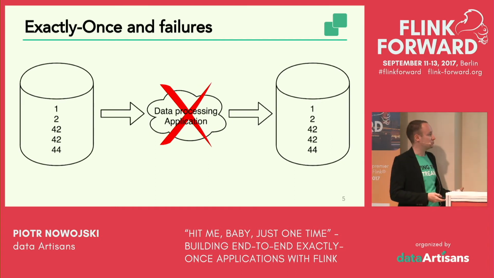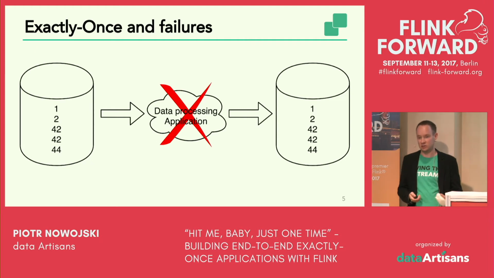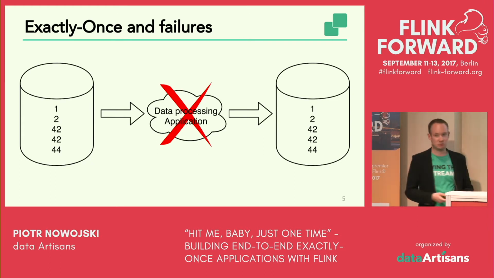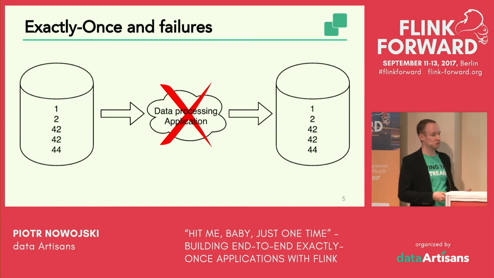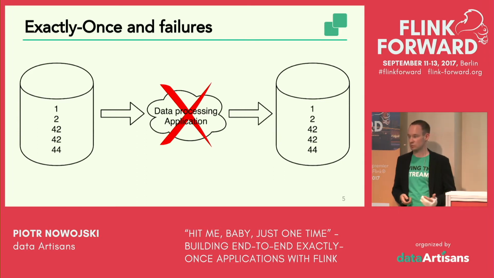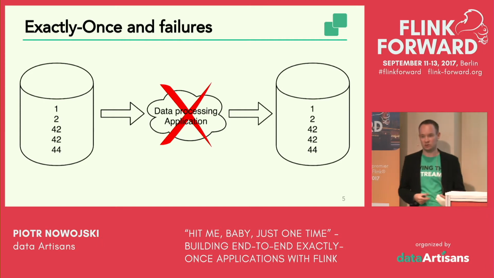But if we think, for example, about some financial transactions or something like that, then we need something stronger, and there exactly once comes in. Exactly once means that we guarantee that our application, even in case of some failure, will process every record exactly once and only once.